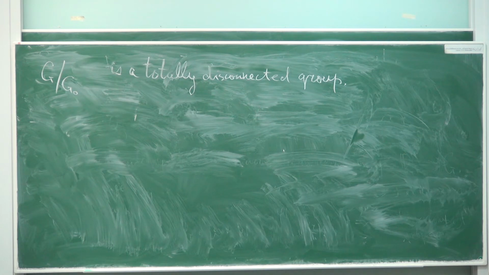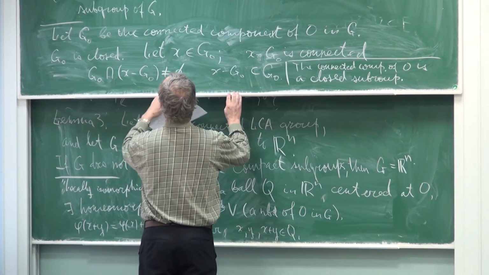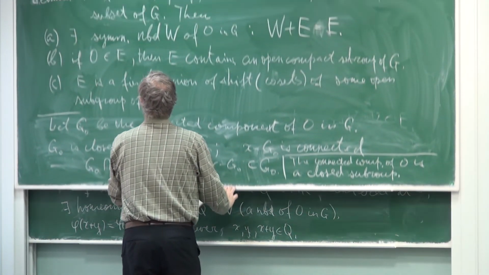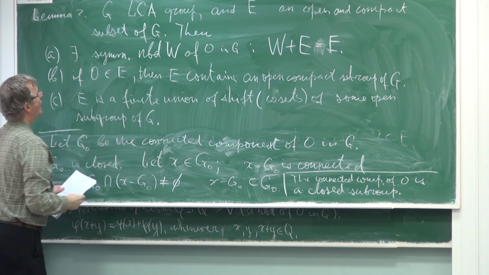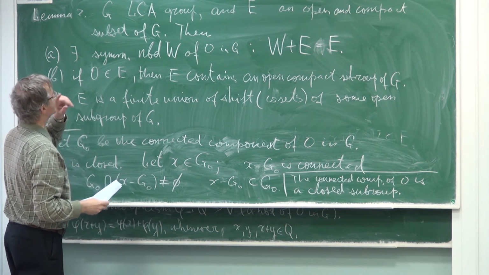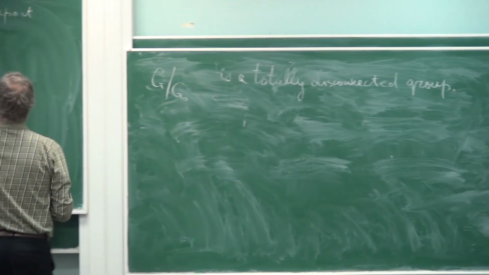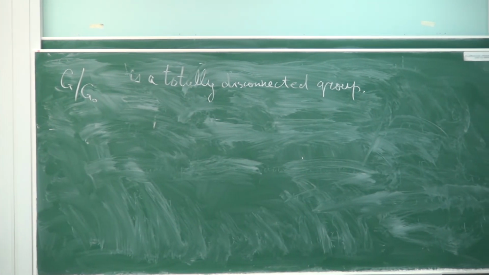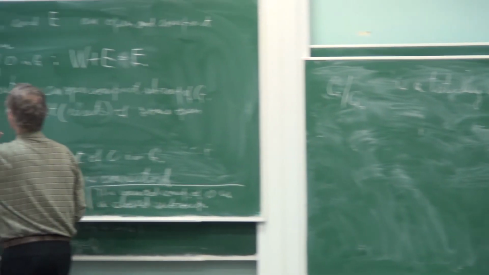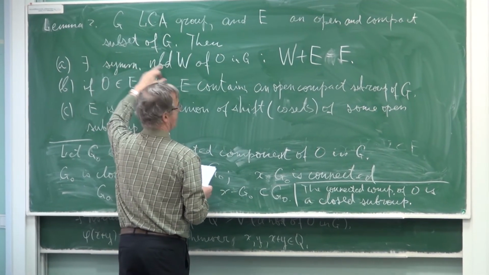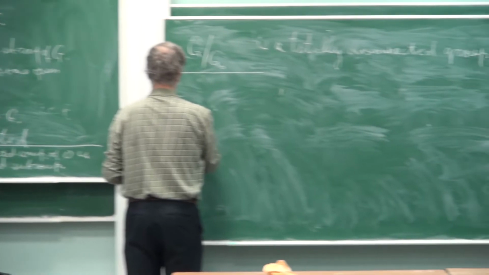And as to totally disconnected groups, we can apply lemma 2 to them. Specifically, we can apply point B. So look, please, our group is totally disconnected. From this it follows that, well, let me formulate it separately.